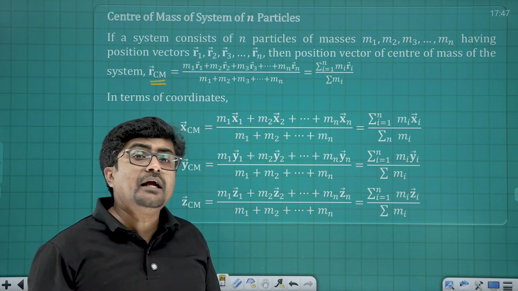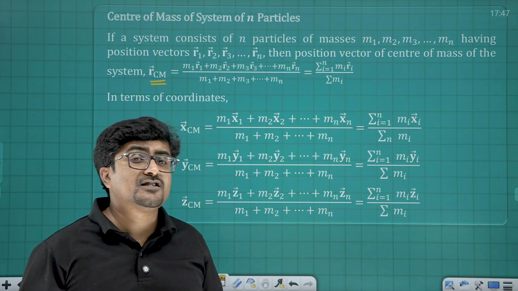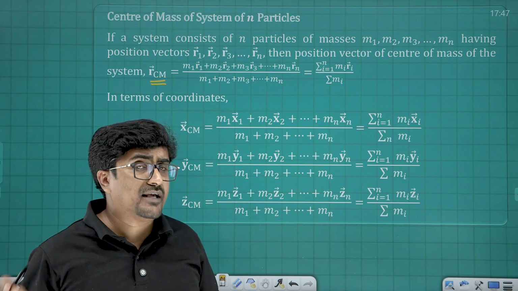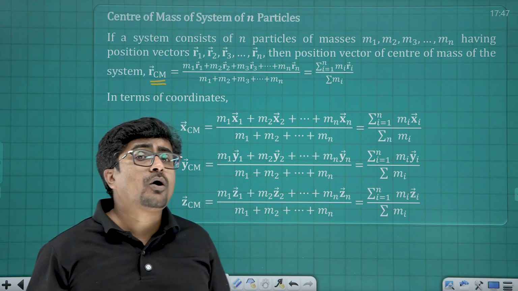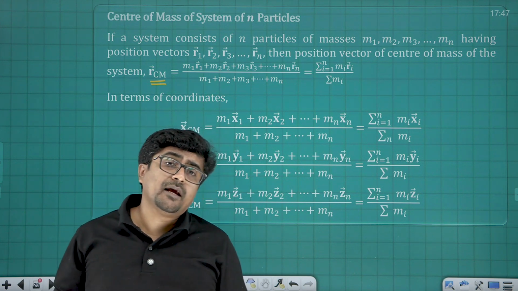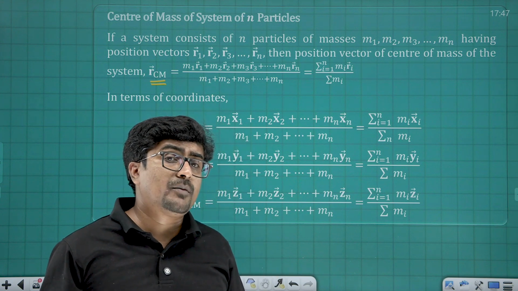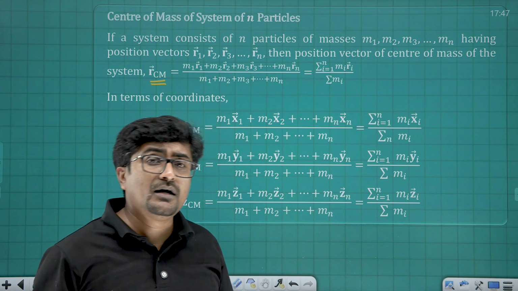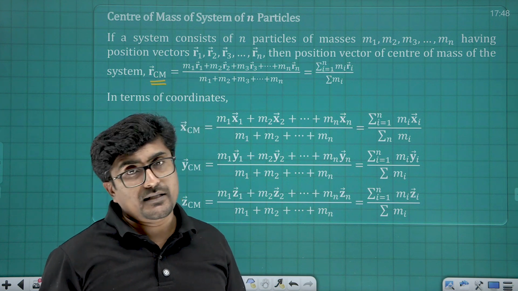And if we are provided with the x coordinates of these masses like x1, x2, x3 etc., then xcm, that is the x coordinate of the center of mass, is going to be m1 x1 plus m2 x2 etc. up to mn xn, all divided by m1 plus m2 plus m3. Similarly, you can calculate ycm as well as zcm.